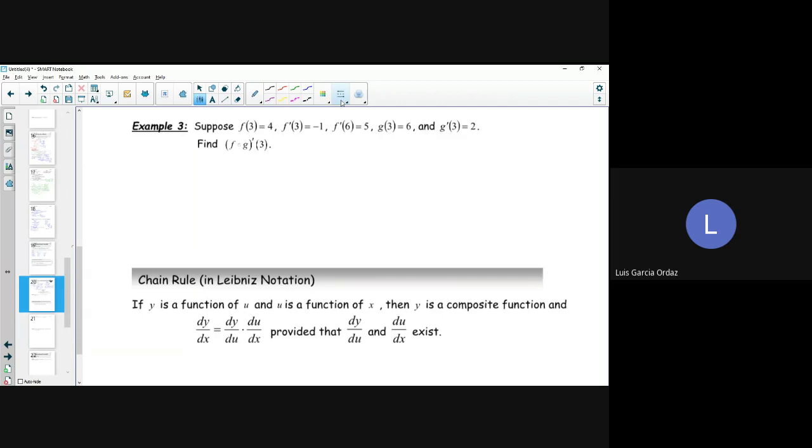Suppose f at 3 is positive 4, the derivative of f at 3 is equal to negative 1, the derivative of f at 6 is equal to 5, g of 3 is equal to 6, and the derivative of g at 3 is equal to 2. We want to find the derivative of f of g when it is evaluated at 3.